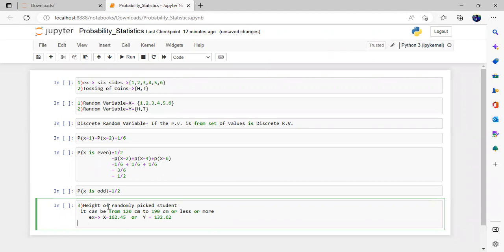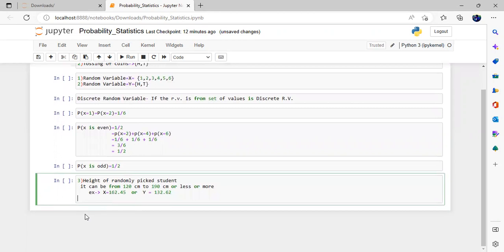If you see here, this is also a random variable, like x and y.